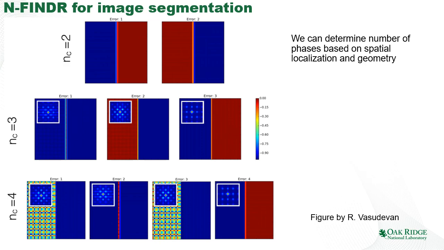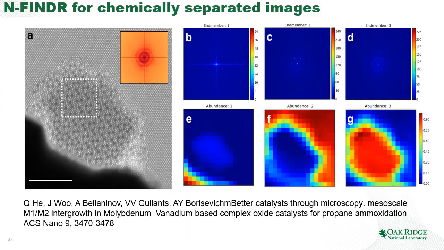So based on how these maps look, we can make a judgment about how many components we need to choose to make the proper segmentation of the image.